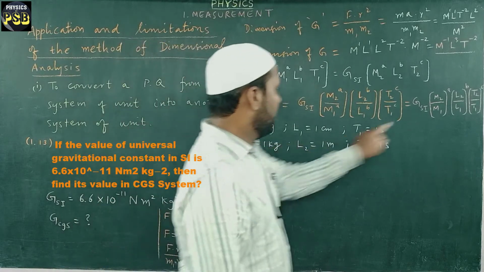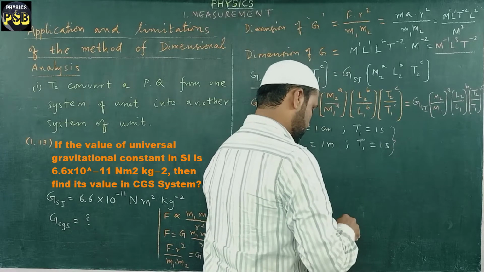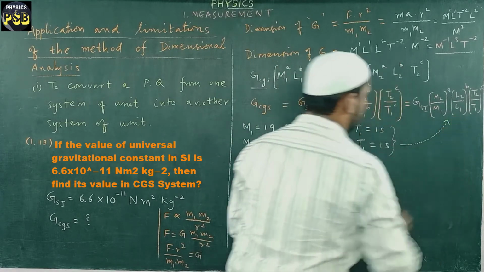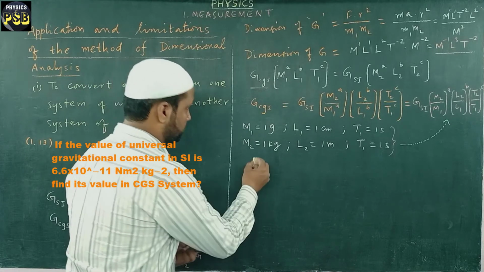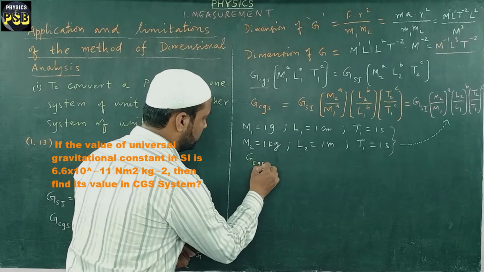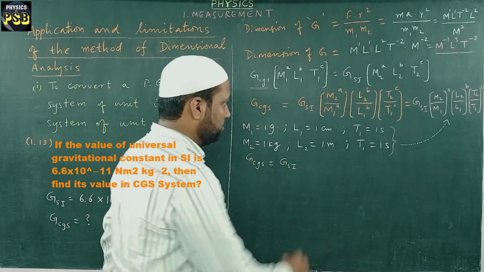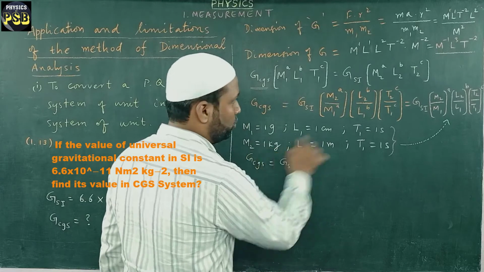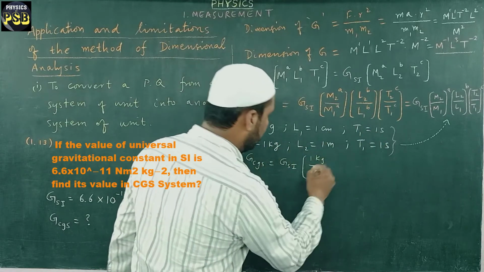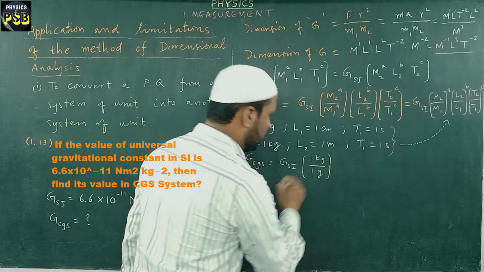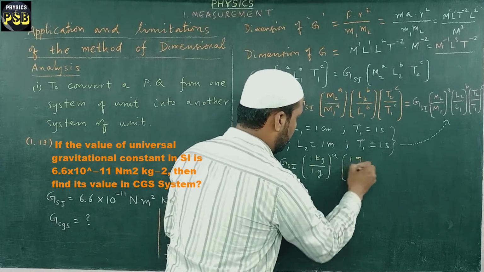Now I'm going to substitute these values in the above equation. So what I get is: G in CGS equals G in SI system. In the place of M2, write 1 kilogram. In the place of M1, write 1 gram, with power A. For L2, we have 1 meter.